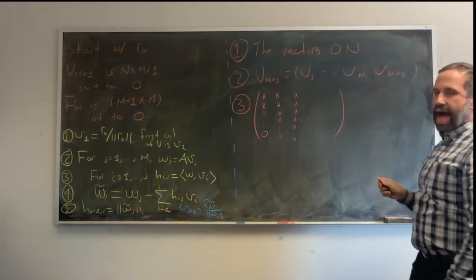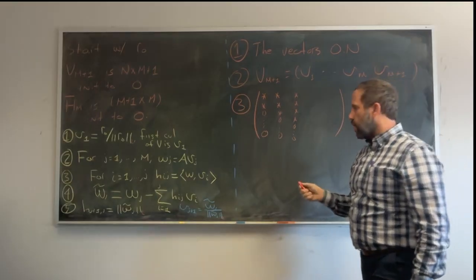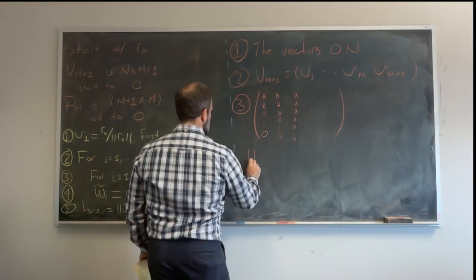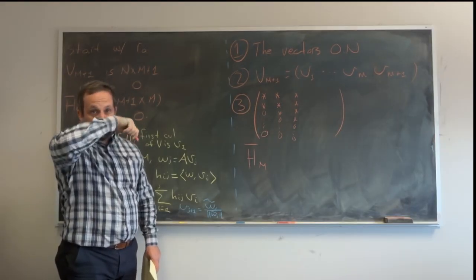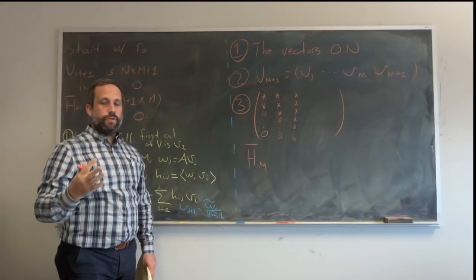And so what we have is a matrix, H bar m, it is what is called an Hessenberg matrix. It is almost upper triangular.